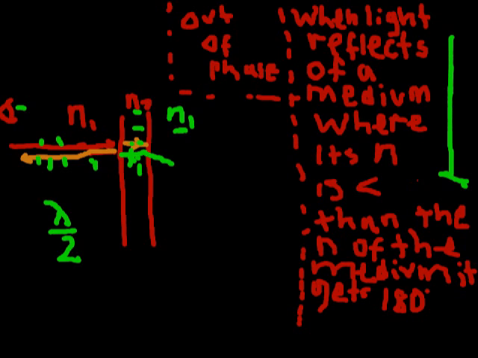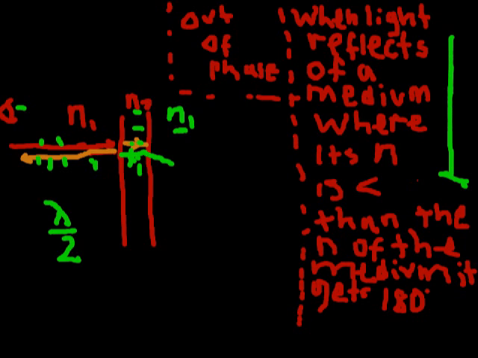I hope that's clear. You could only get constructive interference if you add half a wavelength, or 1 and 1/2 wavelengths, 2 and 1/2 wavelengths, 3 and 1/2 wavelengths.